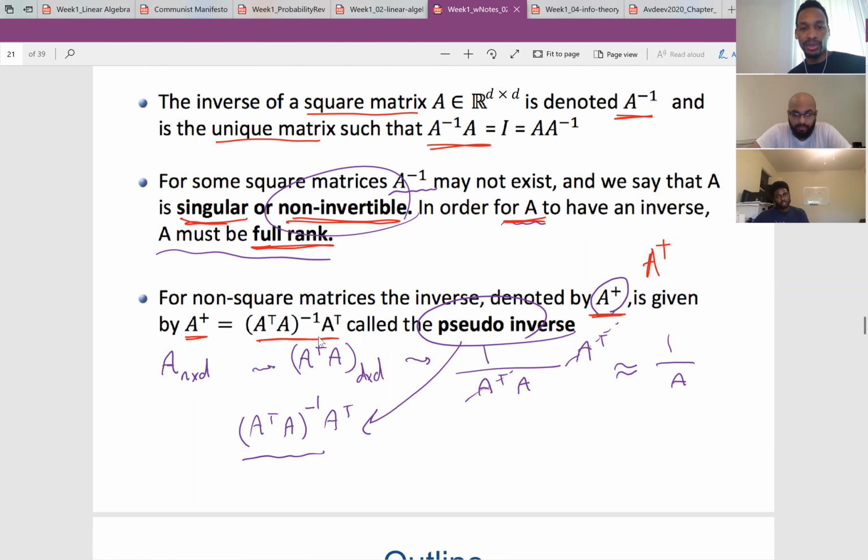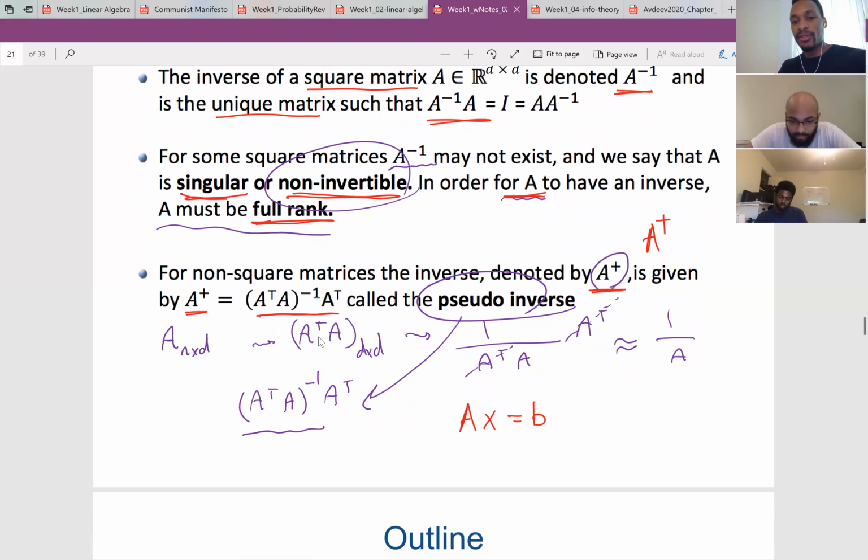I don't know if that's necessarily useful currently, but the use case of this is, if you had more data, let's say you're trying to fit that function again, and you have more rows than columns or something, right?